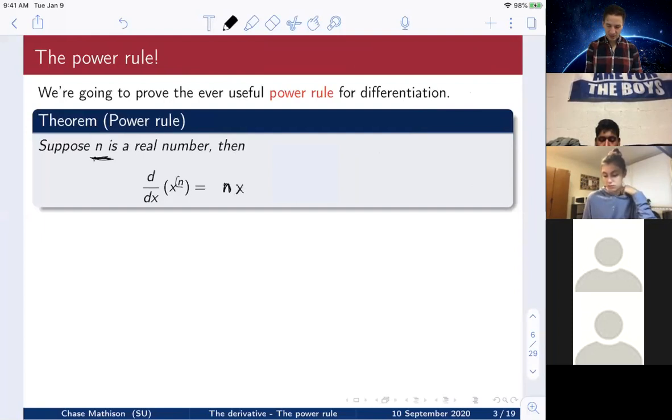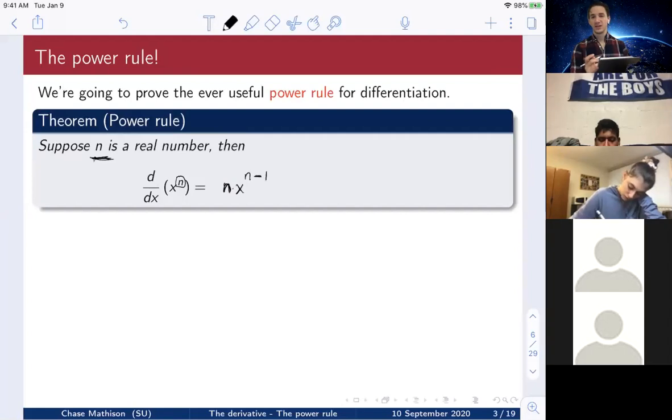You take the exponent and bring it out in front of the x, multiply it, and then subtract 1 from the exponent to get the new exponent. This works for any real number n.